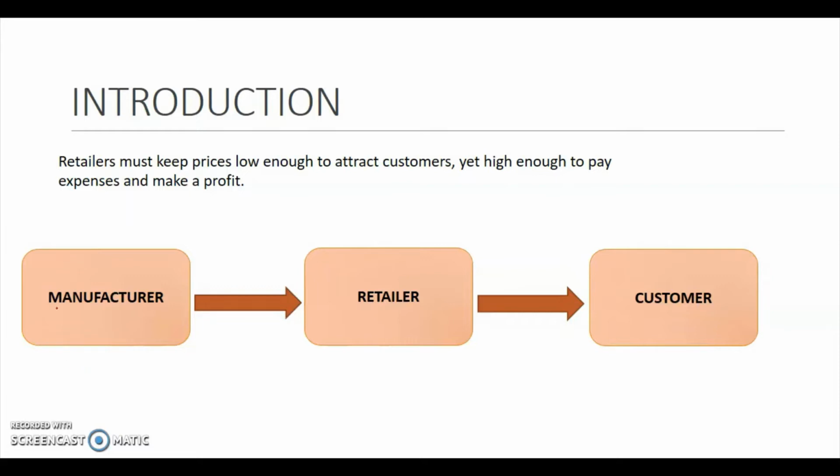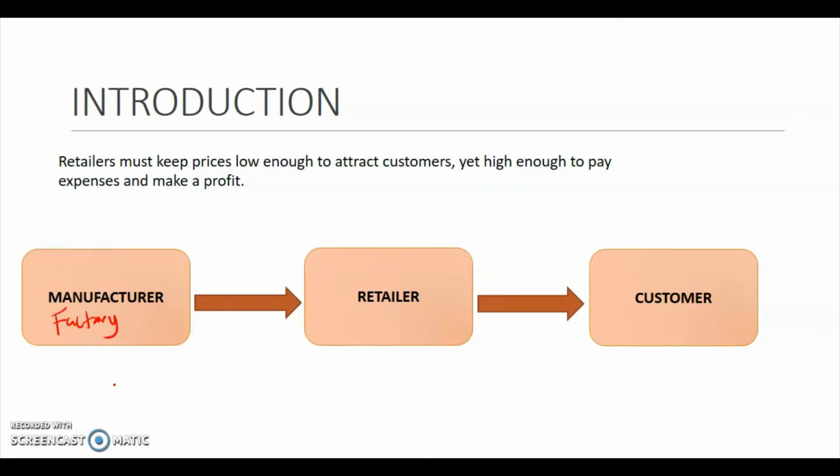First, we have the manufacturer. The manufacturer will produce a product or item from the factory, and the product will be sold to retailers.